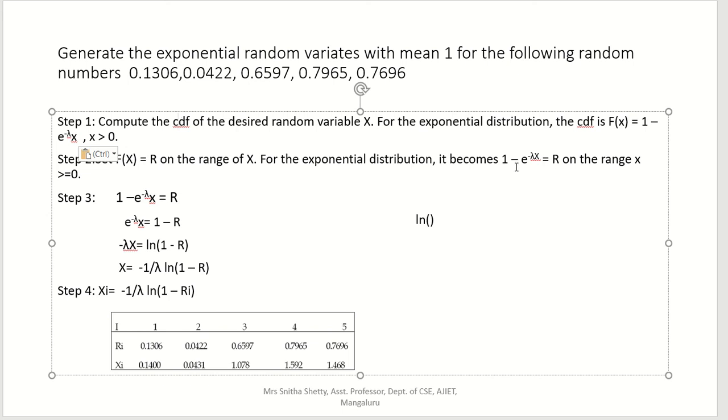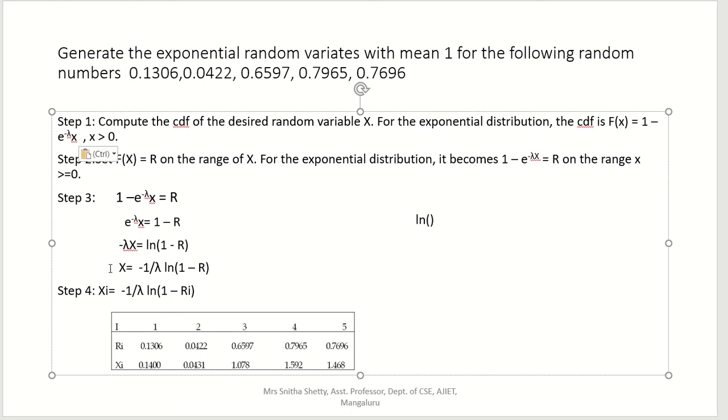Now what is step 3? Compute. I already explained this step. When you compute, you will get the formula for x: x is equal to minus 1 by lambda ln of 1 minus r.